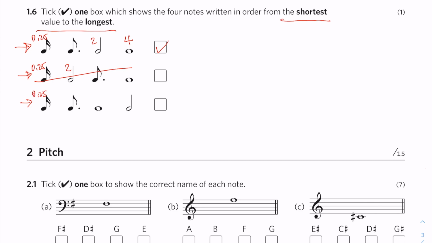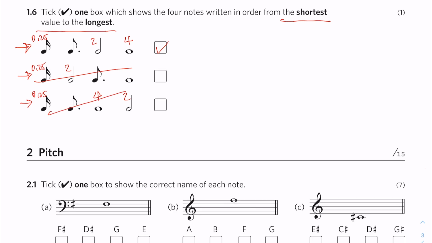Again, this is the smallest one, followed by the dotted quaver, which is more than the semiquaver. After that, we have a semibreve, which is 4 beats, followed by a minim, which is 2 beats. So you see how it is not really in the order from shortest to longest. So again, this is not correct. So the correct answer is the first one.